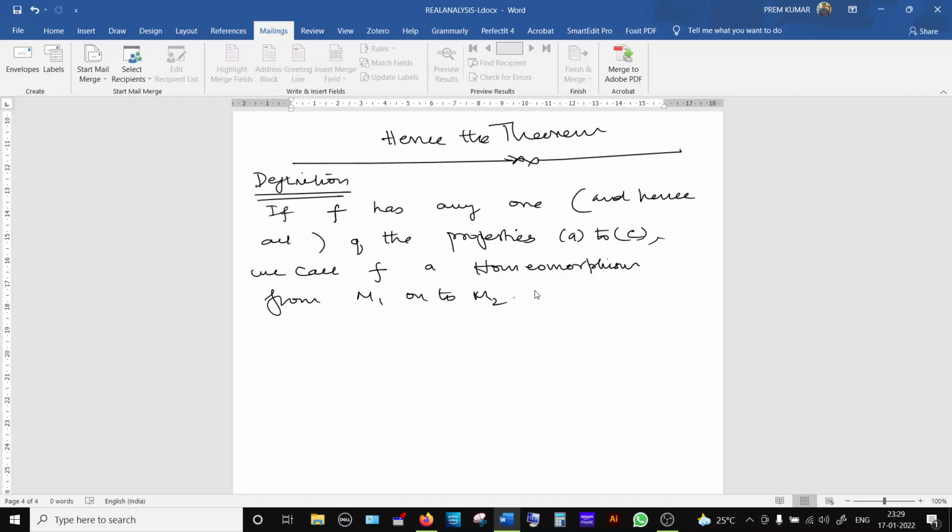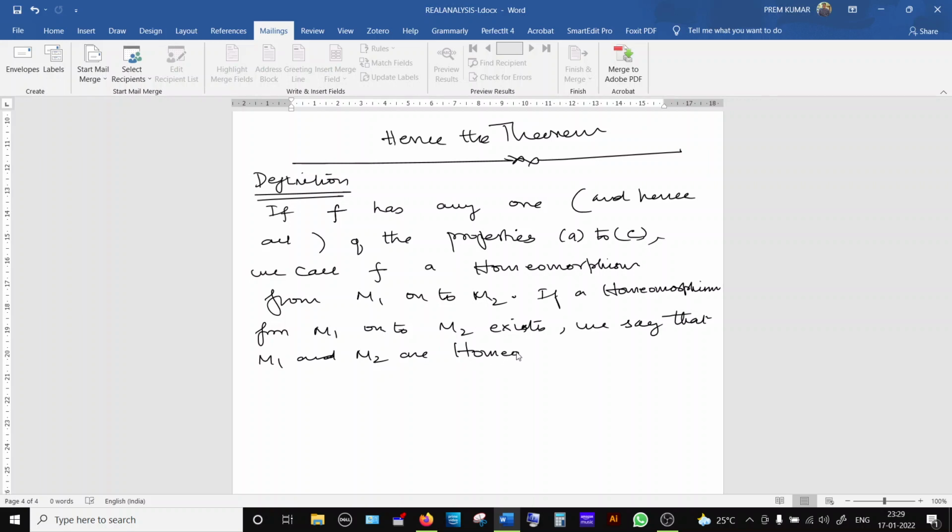And if a homeomorphism from M1 onto M2 exists, we say that M1 and M2 are homeomorphic to each other.